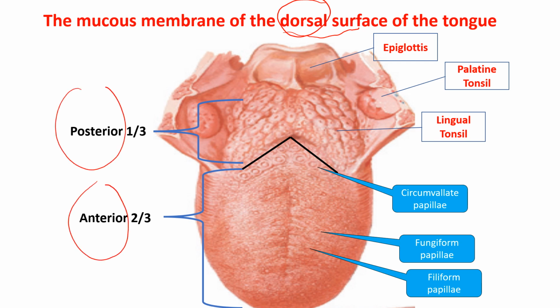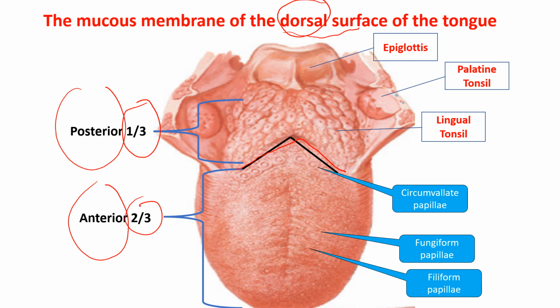Is there any difference? Yes. According to the structure, there are many differences. The anterior part includes 2/3 of the tongue, while the posterior part includes only 1/3. So the dorsal surface is divided into anterior 2/3 and posterior third. These are separated by a V-shaped sulcus. Can you see this V-shaped sulcus here?